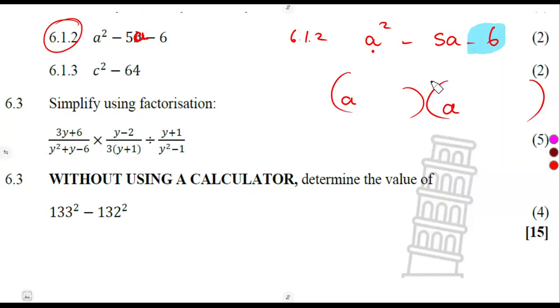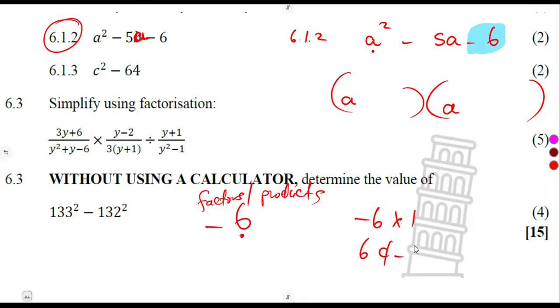You ask yourself, what are the factors, the two factors of -6? Two numbers that you multiply, they give you -6. There are so many: -6 and 1, 6 and -1, 3 and -2, we can also have -3 and 2.